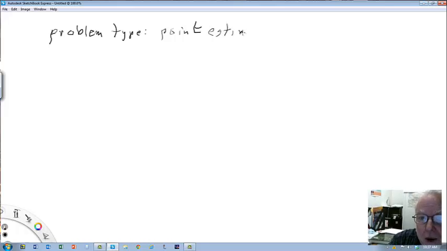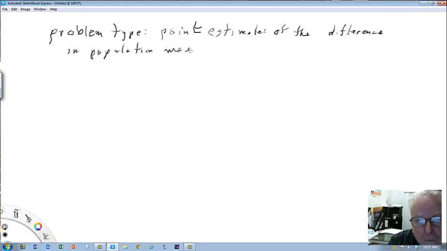Point estimate of what, Meyer? Point estimate of the difference in population means of two populations.